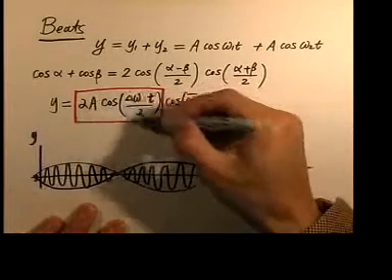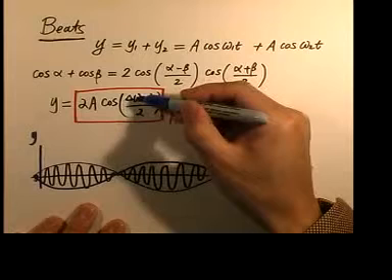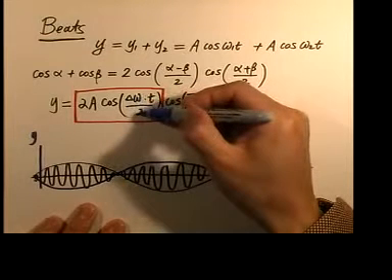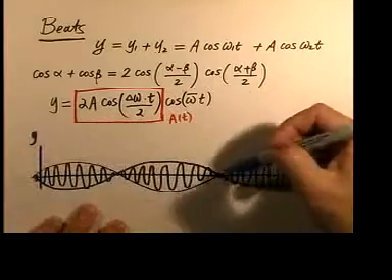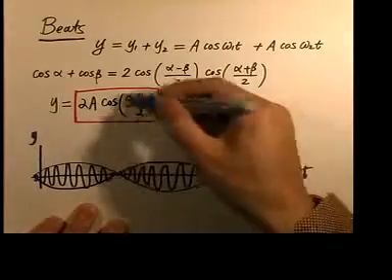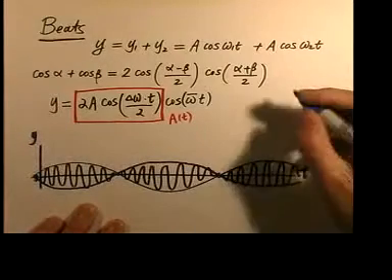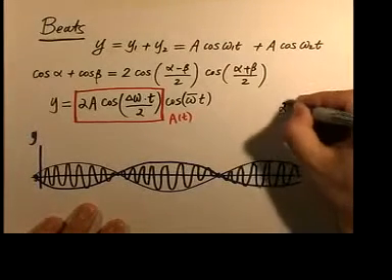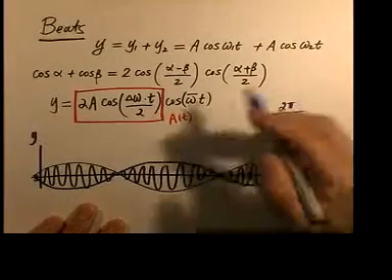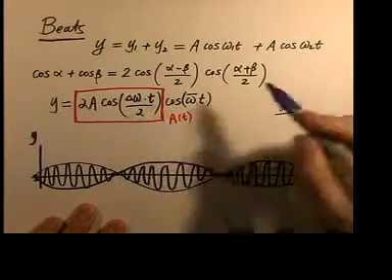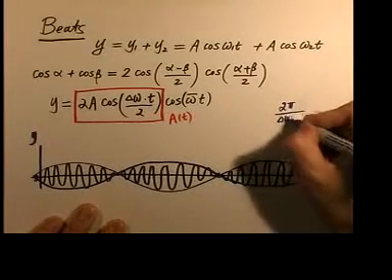The angular frequency of this term is delta omega over 2, right? So how long does it take to go from here to there? You will have to take 2 pi divided by the angular frequency. So the time it takes to go from here to there will be 2 pi divided by this angular frequency, which is delta omega over 2.